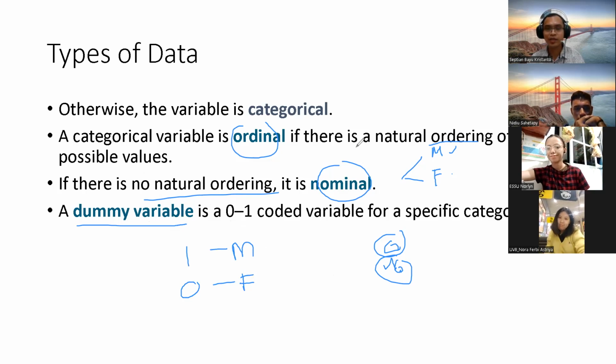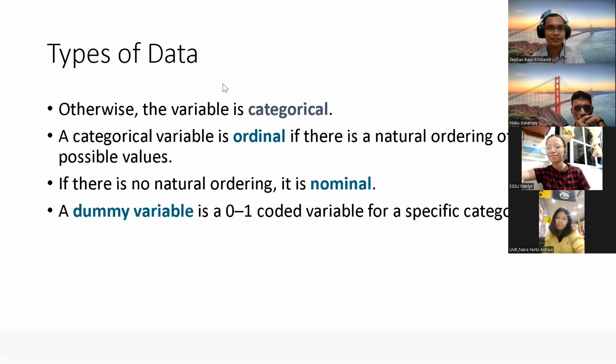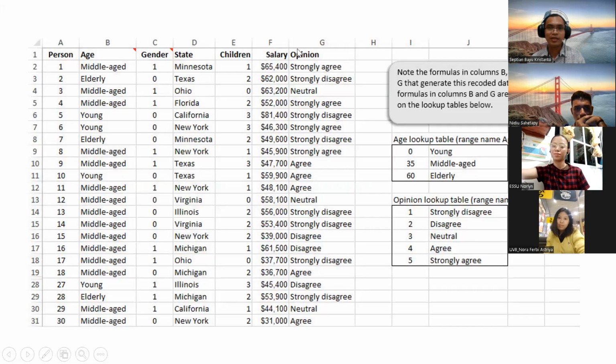Okay, next. Look at the example. We learned about the numerical data and categorical data. With this data, can you find where the numerical data is?